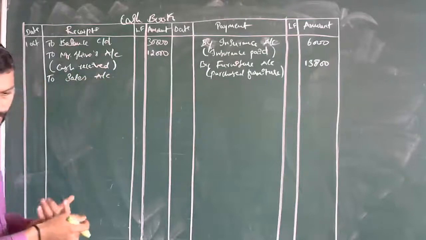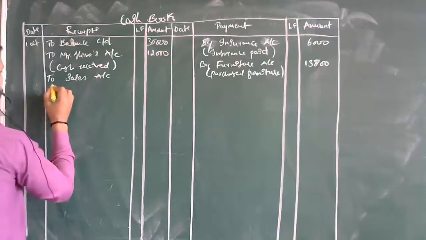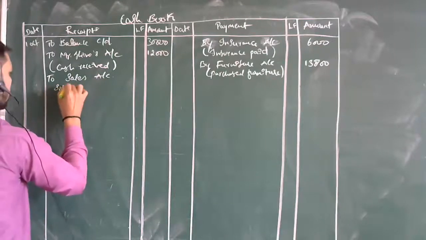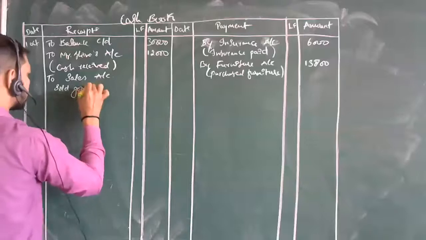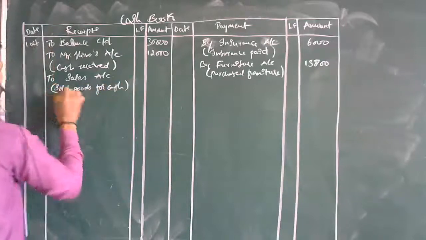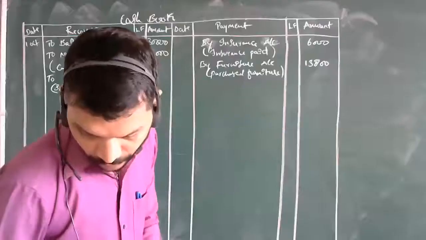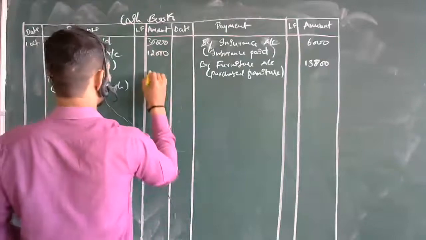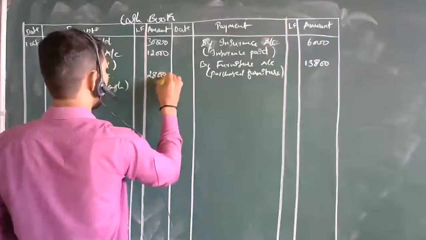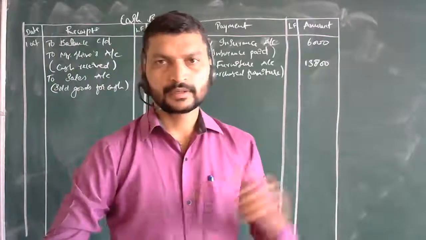You can write the narration as goods sold for cash or sold goods for cash. What is the amount here? 28,000. 28,000 is the sales price.